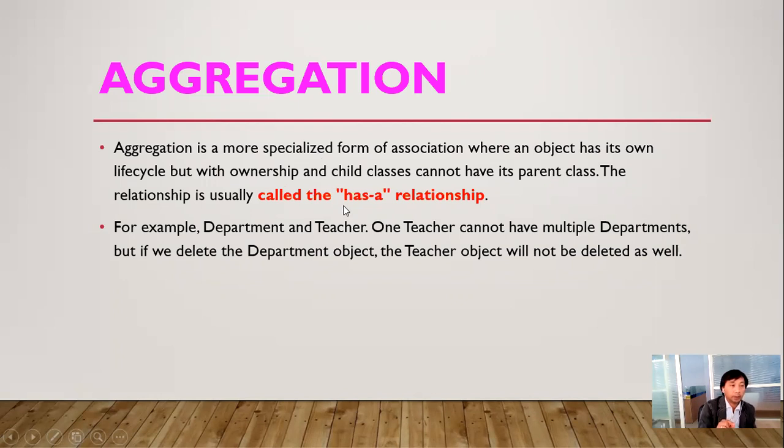It is different from the previous relationship, where the previous relationship is called "is a", and this kind of relationship is called "has a", because a parent class can use a child class object, so there will be an ownership.